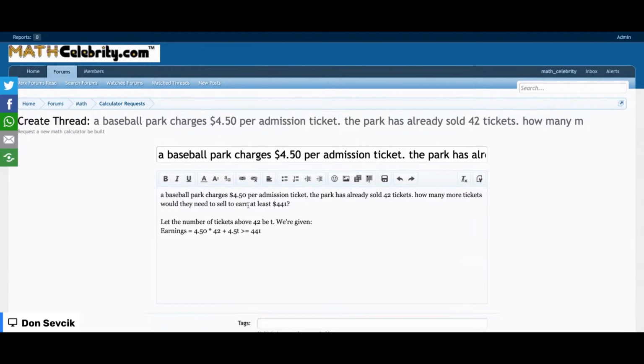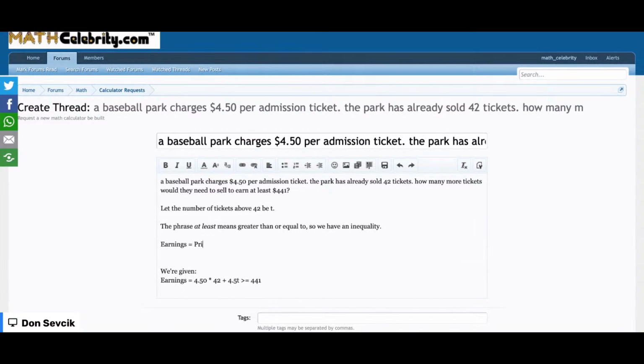What did I just do here? The phrase "at least" means greater than or equal to, so we have an inequality.